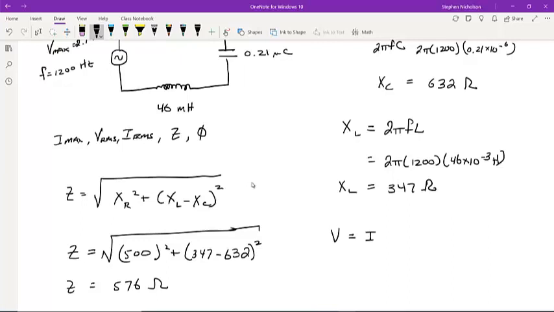For AC circuits, instead of using Ohm's law with resistance, you use Ohm's law with impedance. So instead of V equals I times R, it's V equals I times Z. If we solve for the current, it's the voltage divided by the impedance. In this case, our maximum voltage is 2.1 volts, and we divide by 576 ohms. That is 0.0036 amps.